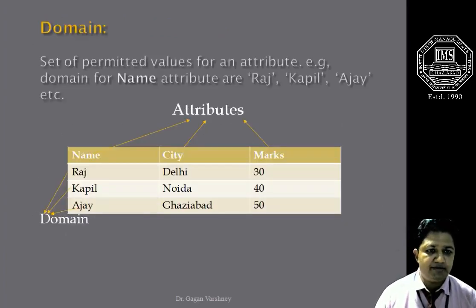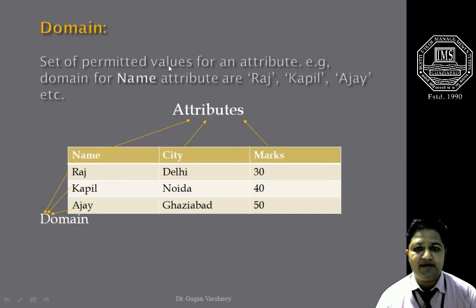Then domain. Every attribute has a set of permitted values, and this set of permitted values is known as the domain. For example, for the name attribute, the domain is Raj, Kapil, and Ajay, as shown in the figure.